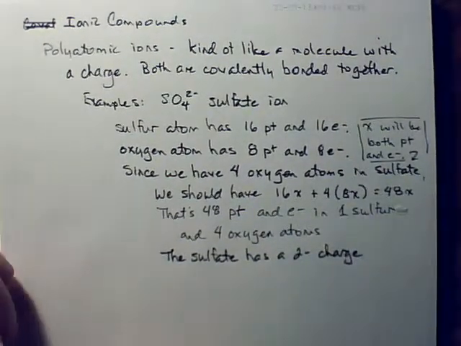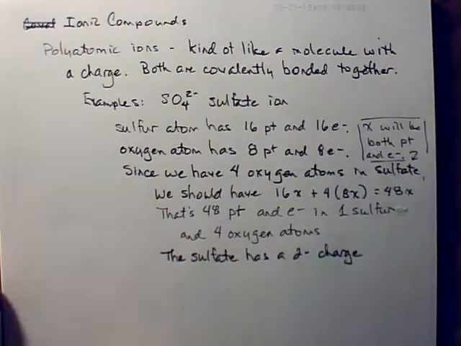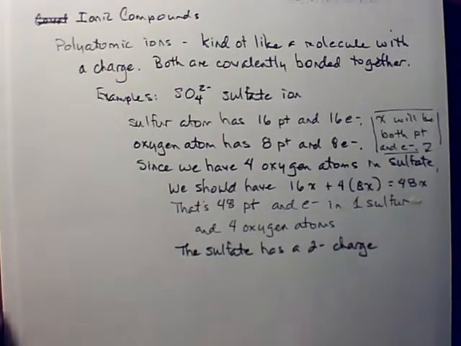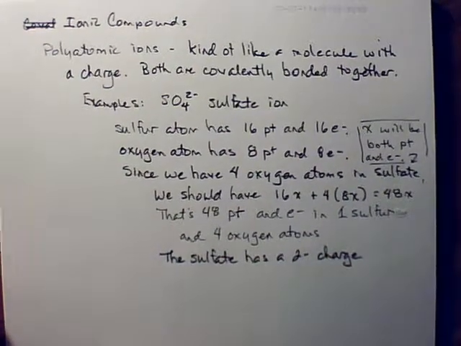What's going to give it a 2 negative charge? How did we get a 2 negative charge when we made monoatomic ions? It has to gain something.